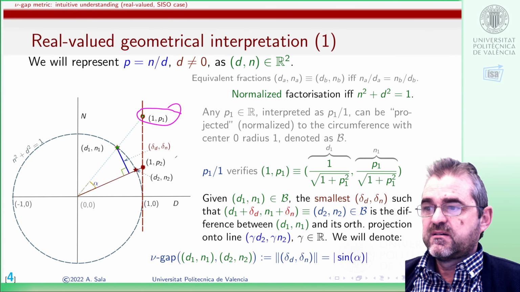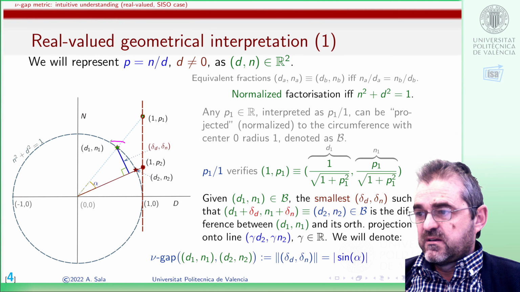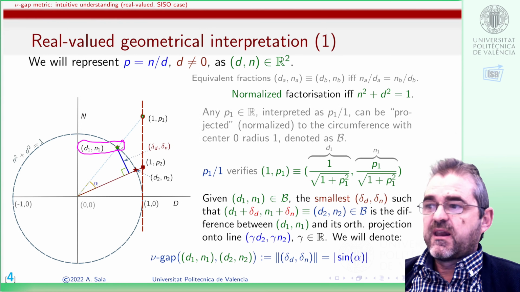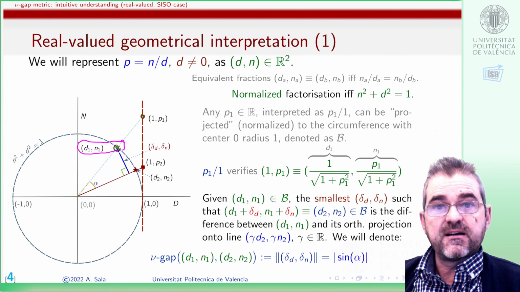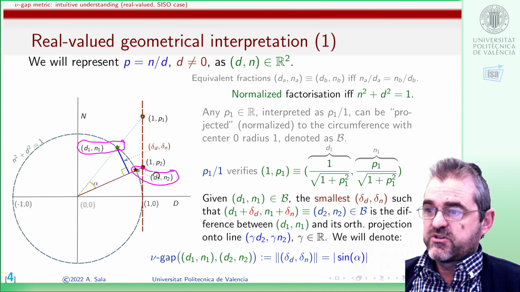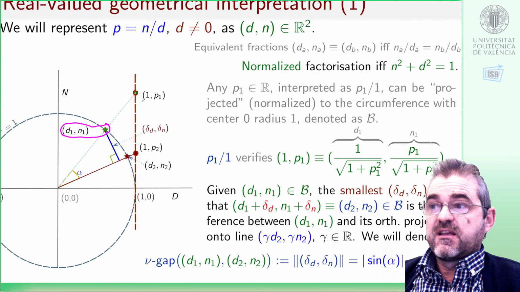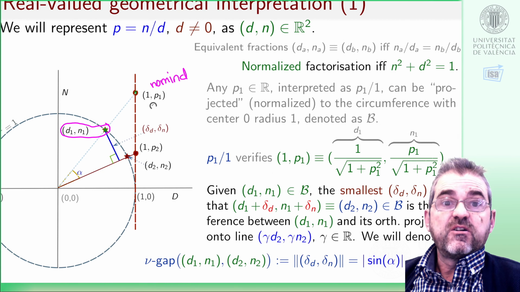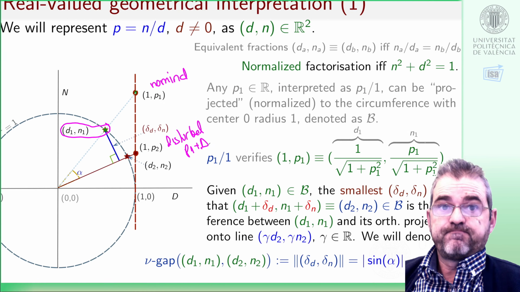We have P1, we have P2, but we will understand P1 as the normalized fraction representing P1, here the green star, and the red star, the normalized representation of P2. Then we will understand P1 as, let's say, the nominal value of the plant, and P2 may be the disturbed P1 plus some delta.